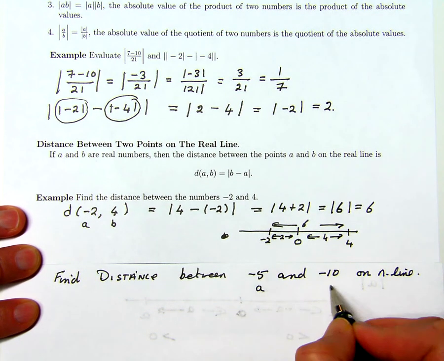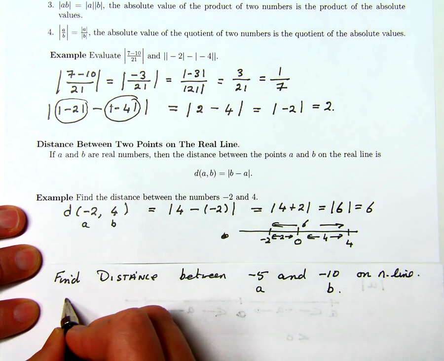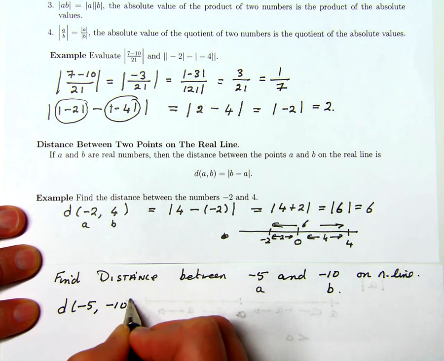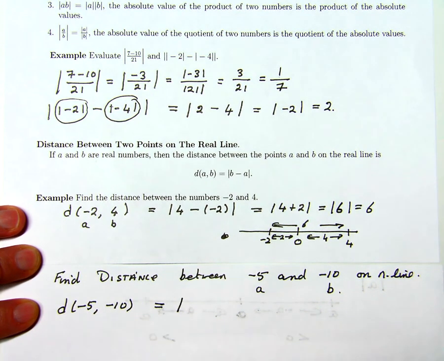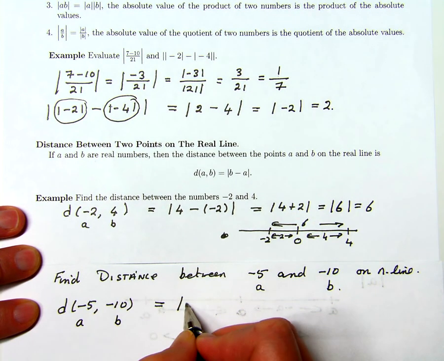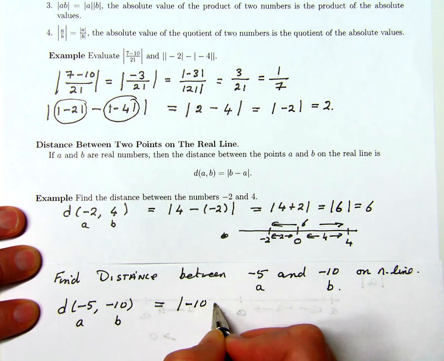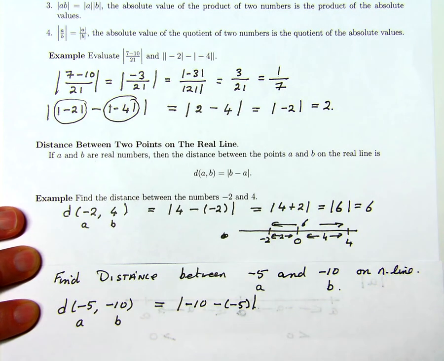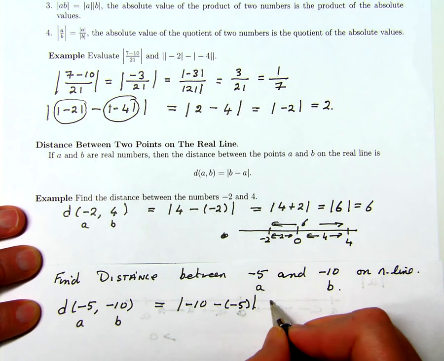And so let's call this A and this B. So I want the distance between these 2 points on the number line. Well, it's just going to be the absolute value of B minus A, which is minus 10 minus minus 5. I think we all know the answer should be 5 here when we're finished.